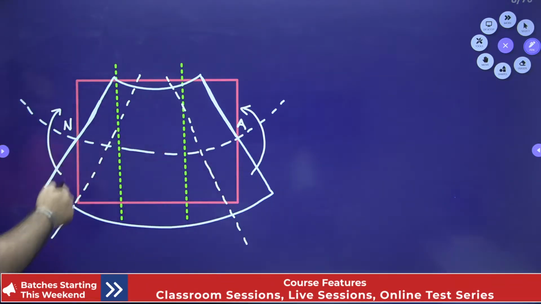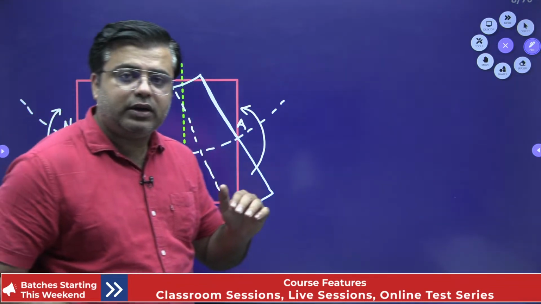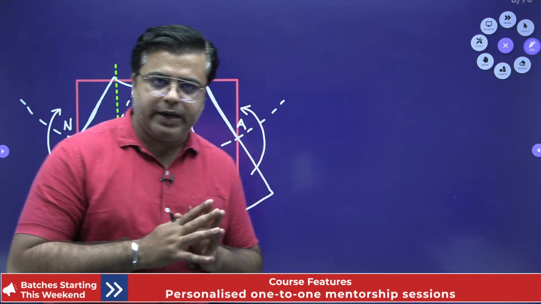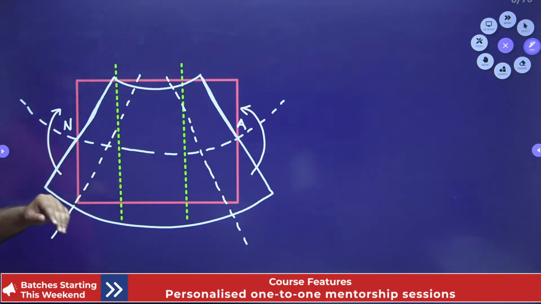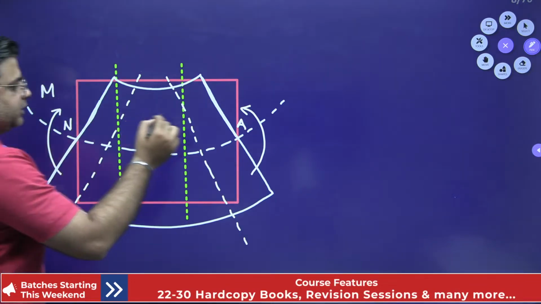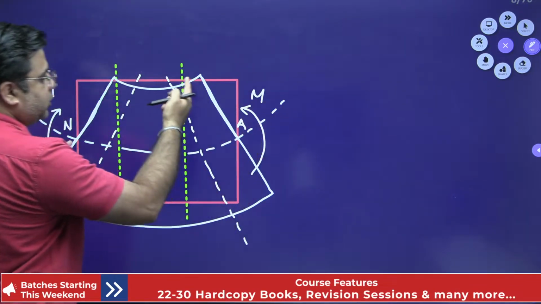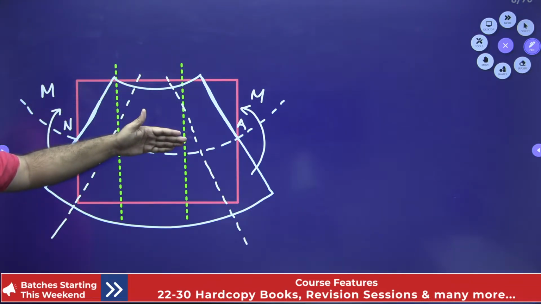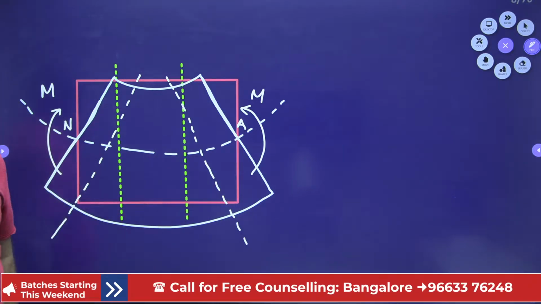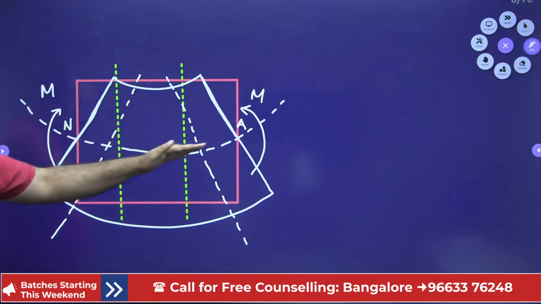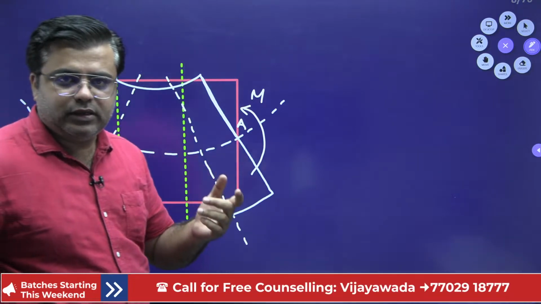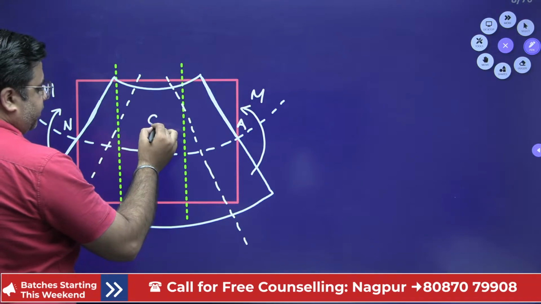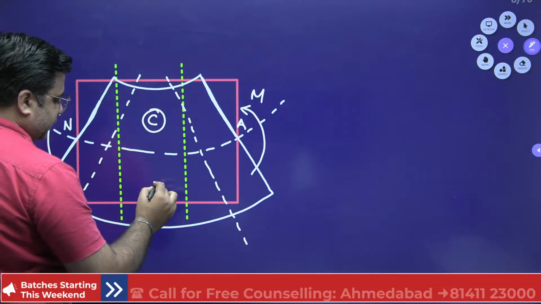What is the property of the neutral axis? Neutral axis does not undergo any elongation or any contraction in the state of pure bending, right? So if you observe, this sagging moment has caused compression in the fibers above neutral axis, and it has caused tension in the fibers below neutral axis. But at neutral axis, there is neither contraction nor extension, right? So above neutral axis, it is compression, and below neutral axis, it is tension.